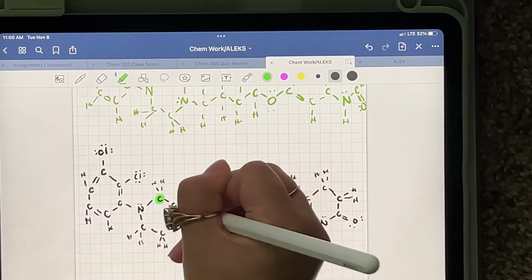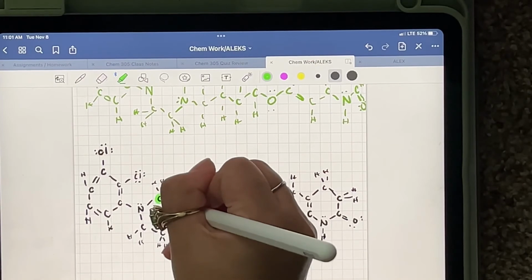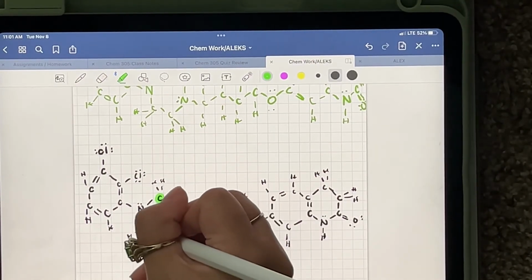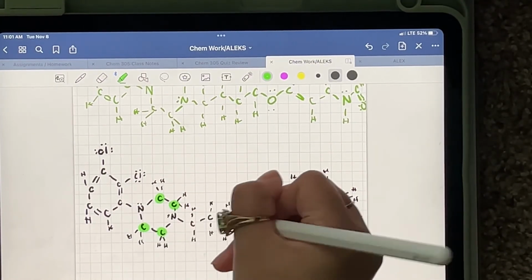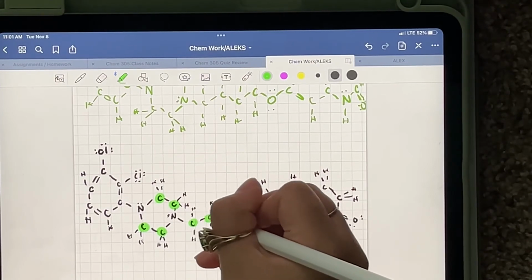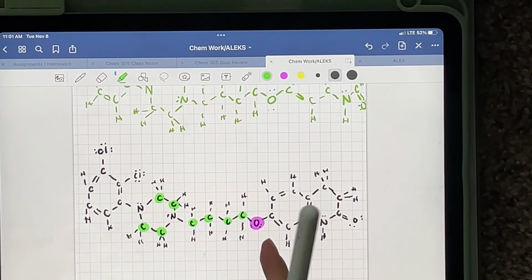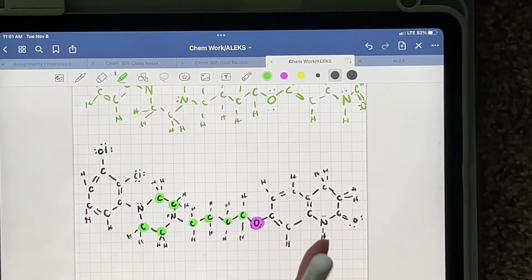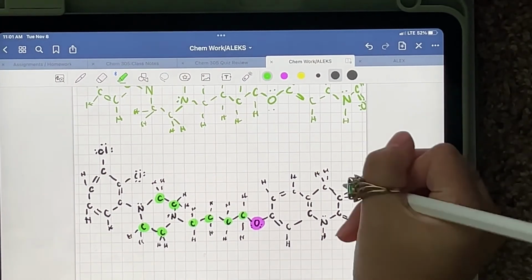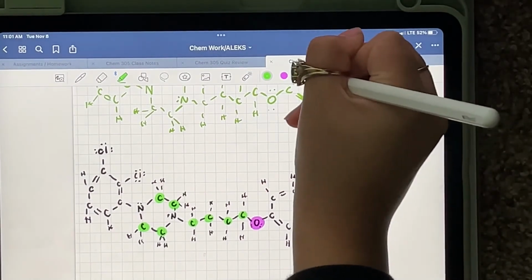It has 4 going out. Same thing right here. And then right here. Each central atom has 4, connecting itself to 4 different atoms. Same thing right here, same thing right here.